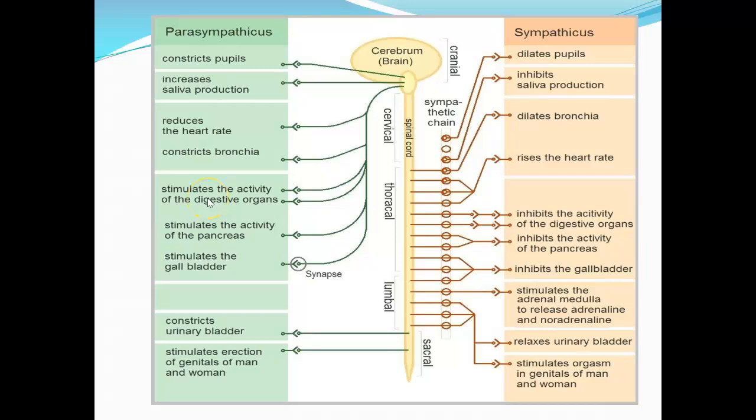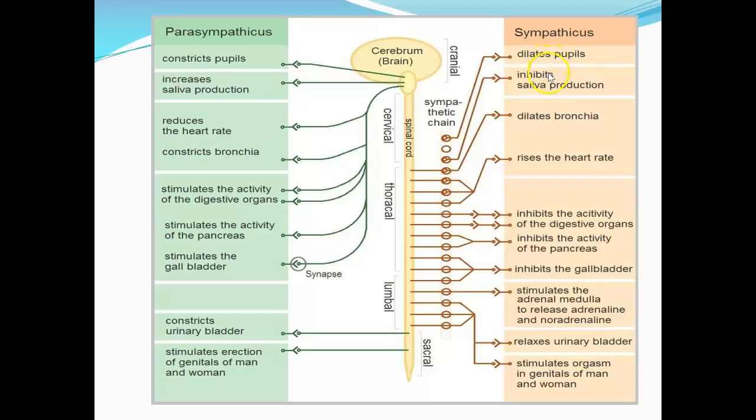That means increased movement of digestive tract organs like the intestines. It will cause increased secretion of hormones from the pancreas, and it will cause increased secretion of bile from the gallbladder, and that helps us to break down or emulsify fats.